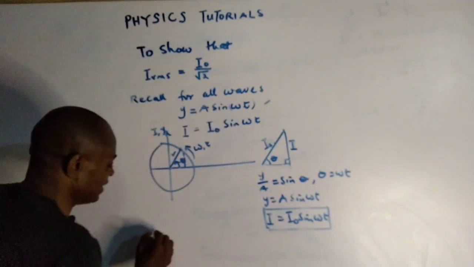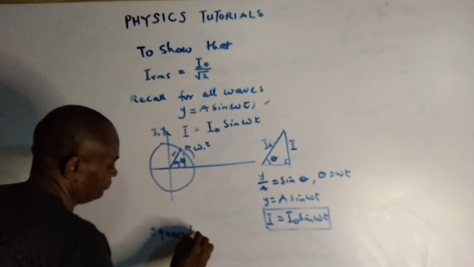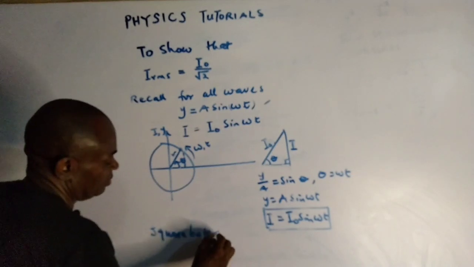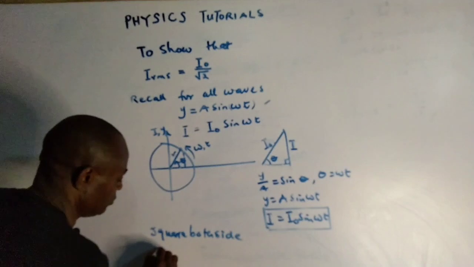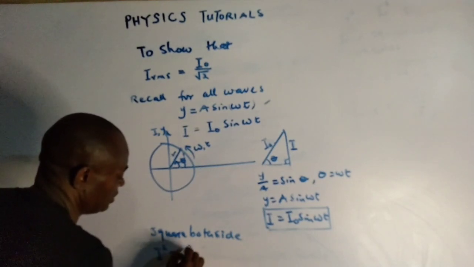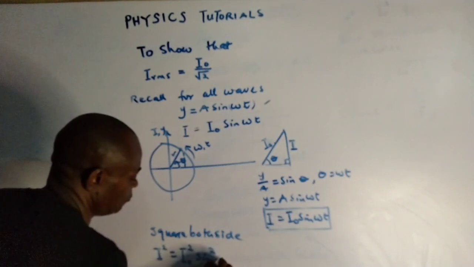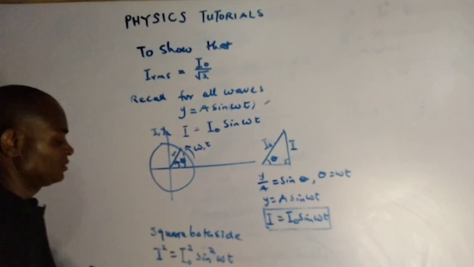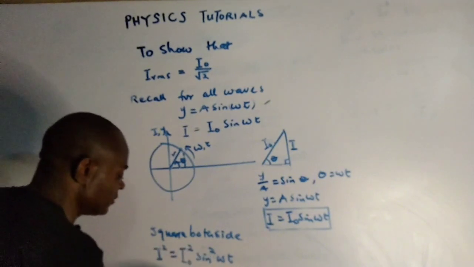So we square both sides of this equation. We are going to have I squared equals I peak squared times sine squared omega t.